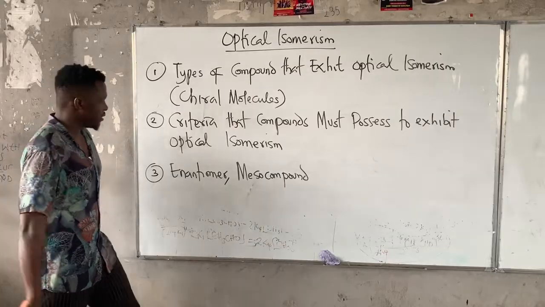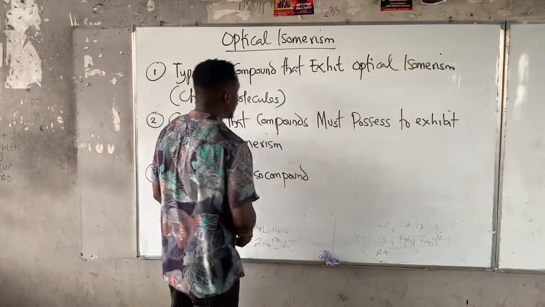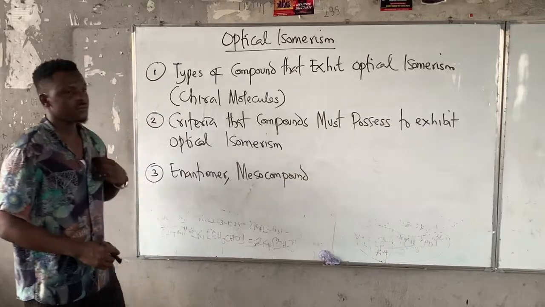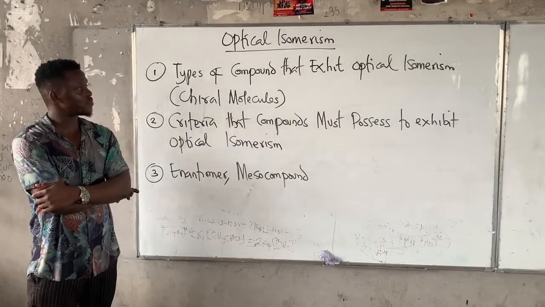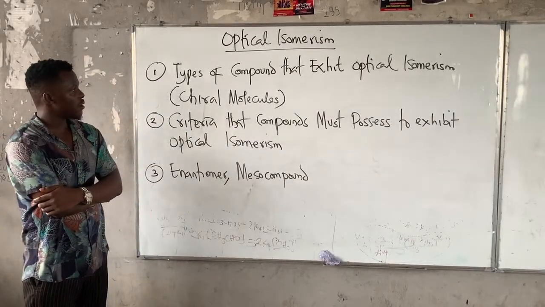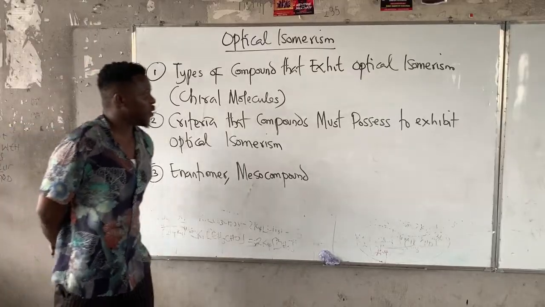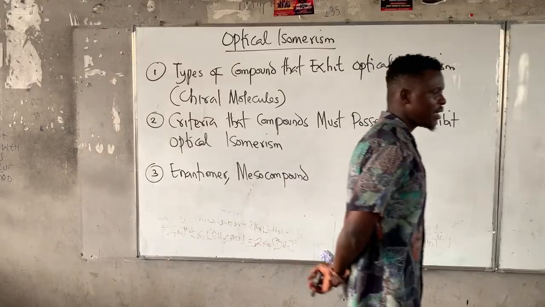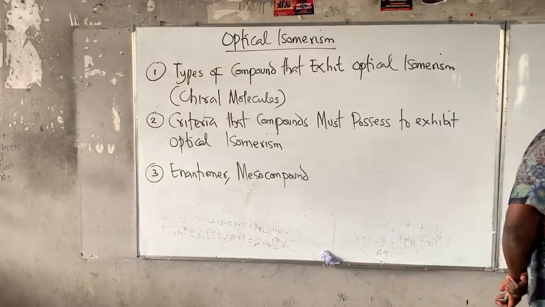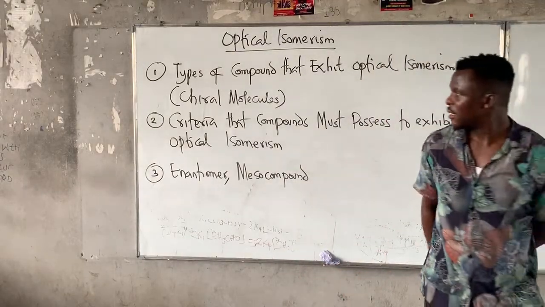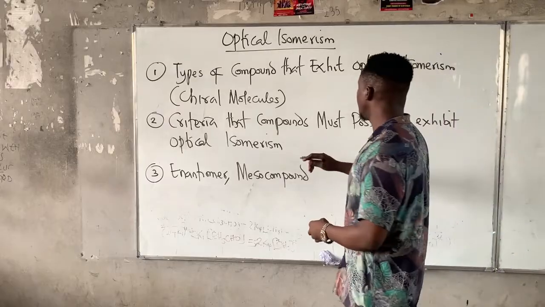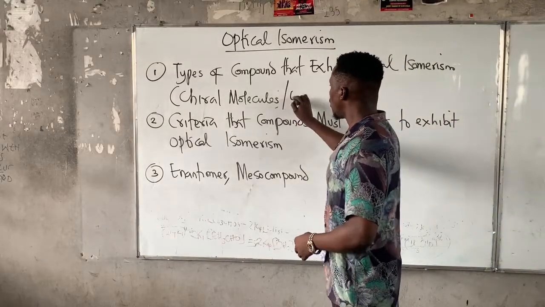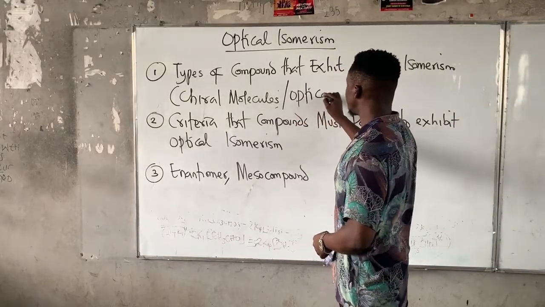So let's look at the first one. Please put down: the type of compound that exhibits optical isomerism are called chiral molecules or optical isomers.